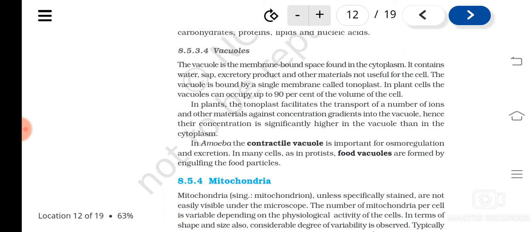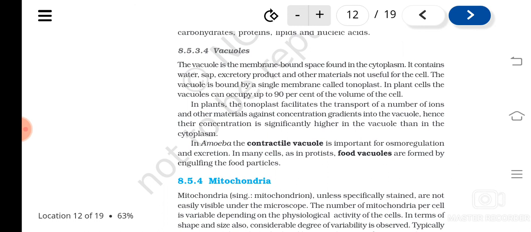Understood? So against the concentration gradient, what can take place? Transport of ions, and for this the tonoplast is useful. So their concentration is higher in the vacuole than the cytoplasm.